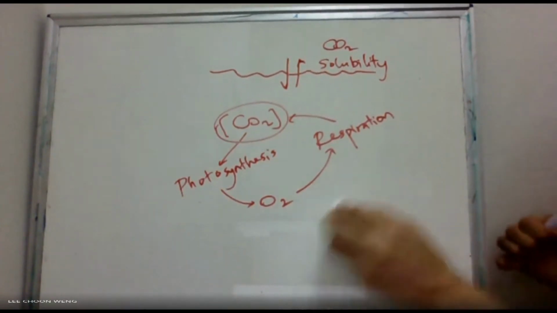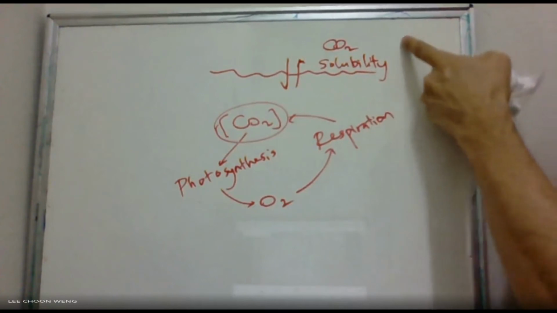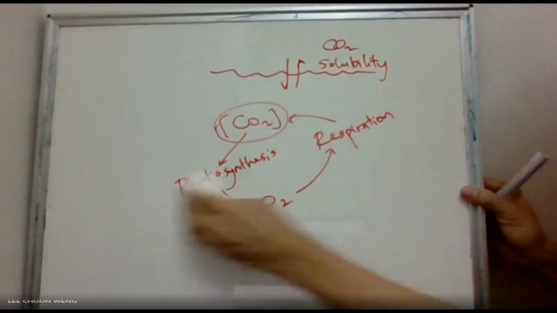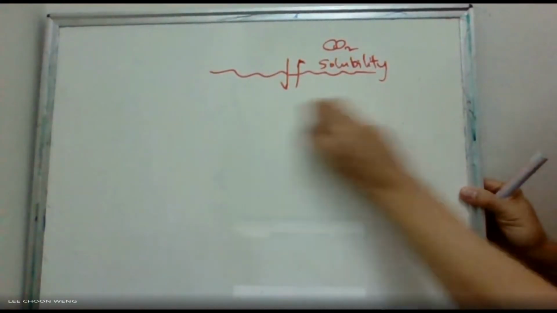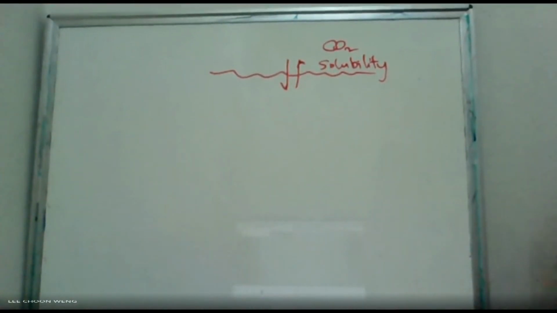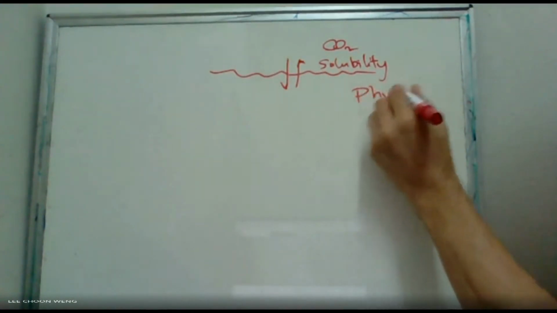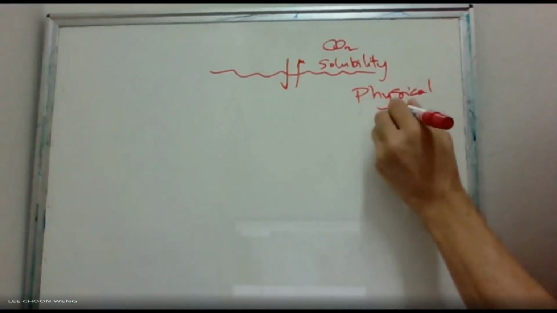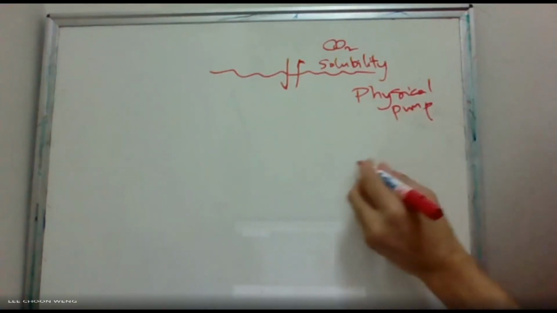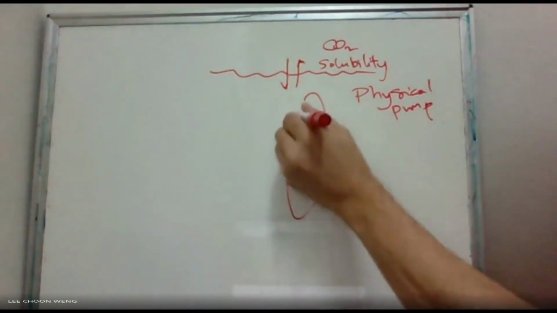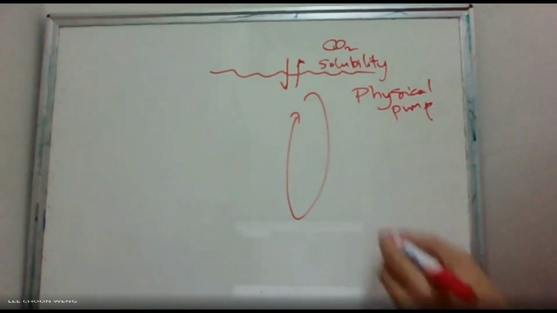So the first pump is solubility pump, where the CO2 from the atmosphere enters the sea. The second pump is the physical pump. Physical pump essentially means the thorough mixing of the water column.